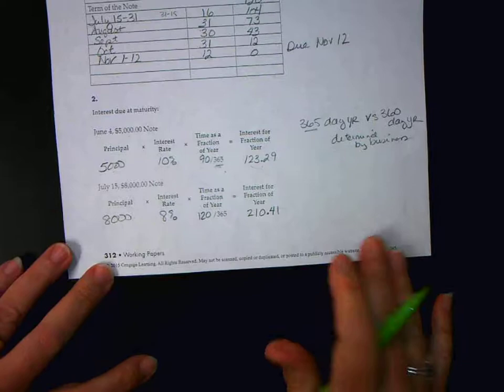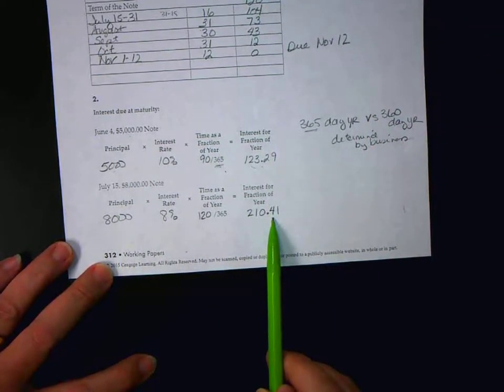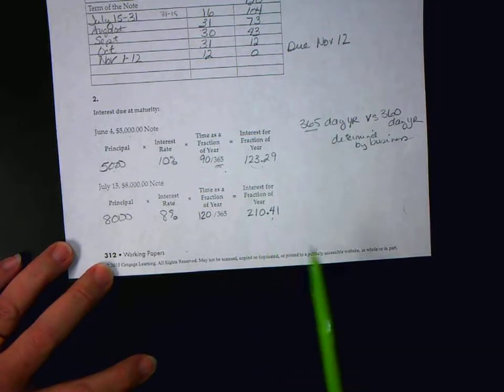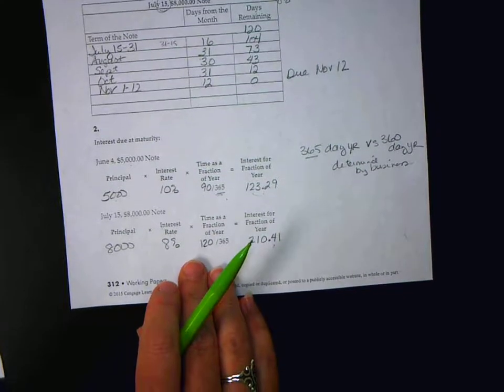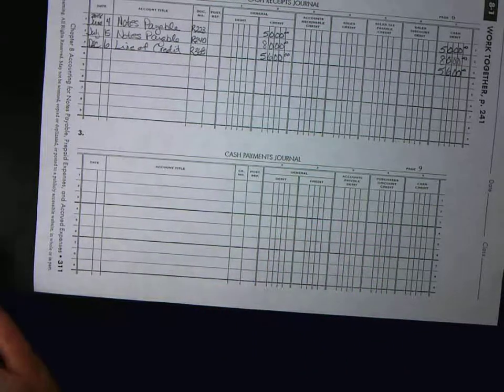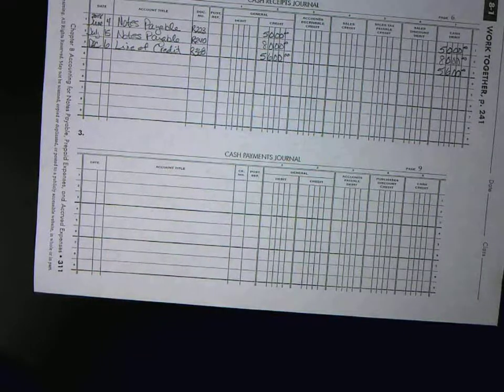Okay, so now we figured out when it was due, and now we know when we pay it back on that due date, this is how much interest we're going to have to add to our payback amount.